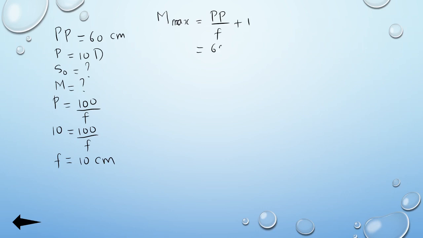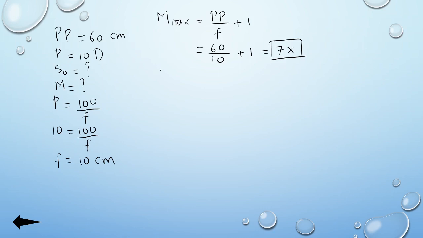The PP is 60, the focal length is 10, plus 1. This equals 7 times. This is the angular magnification of the magnifying glass when used with maximum accommodation.